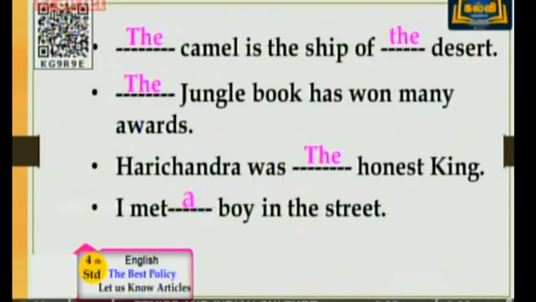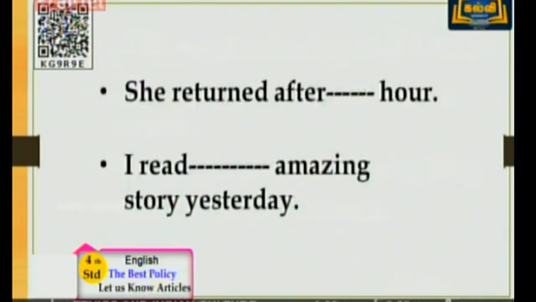Yes, you're right. She returned after dash hour. Hour. What is the article you should use before hour? An. Yes, you're right. She returned after an hour. You're right. I read dash amazing story yesterday.